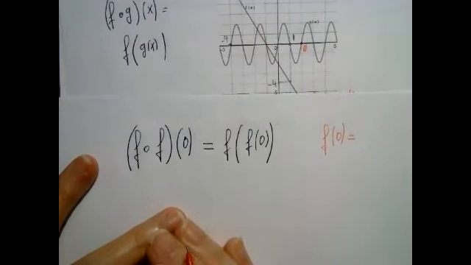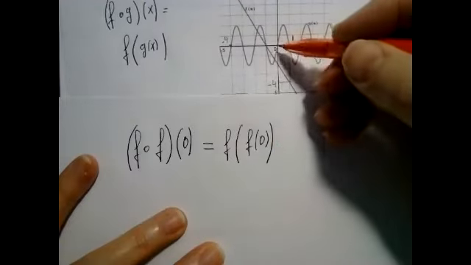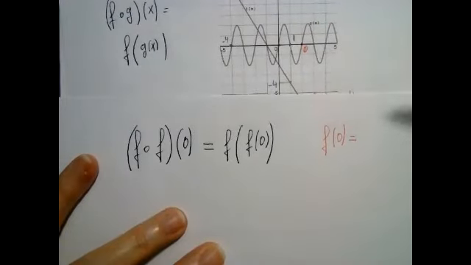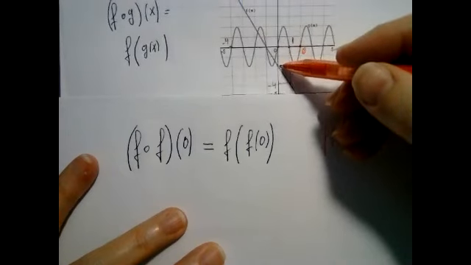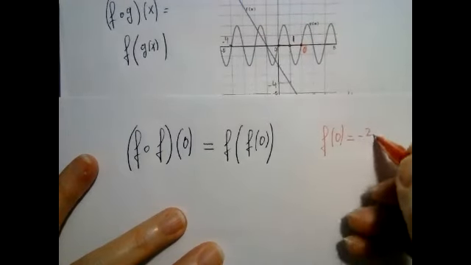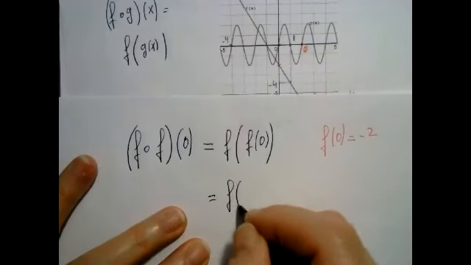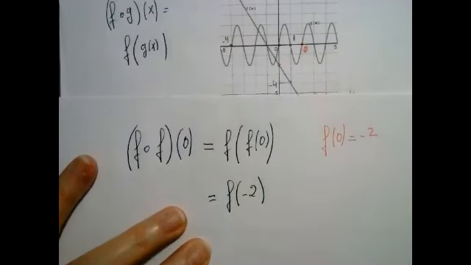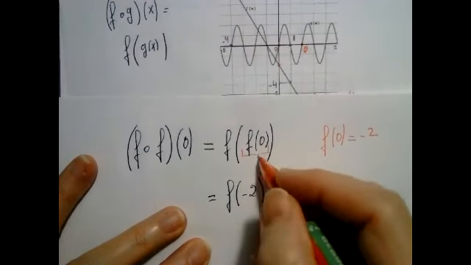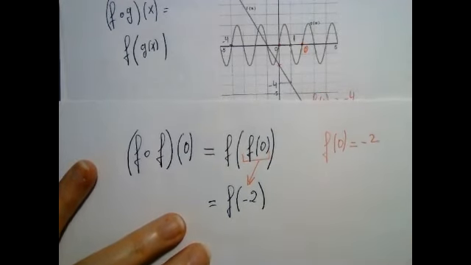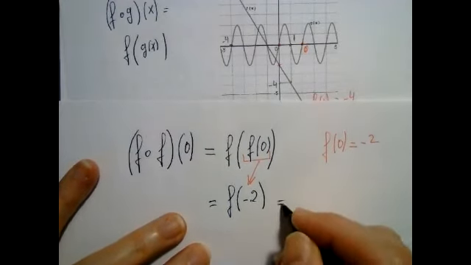No. F is the line. If this is 0, what is f of 0? Oh, -2. Right. So now you need f of -2. Okay. What's f of -2? I'm still working with the same function. What is f of -2?